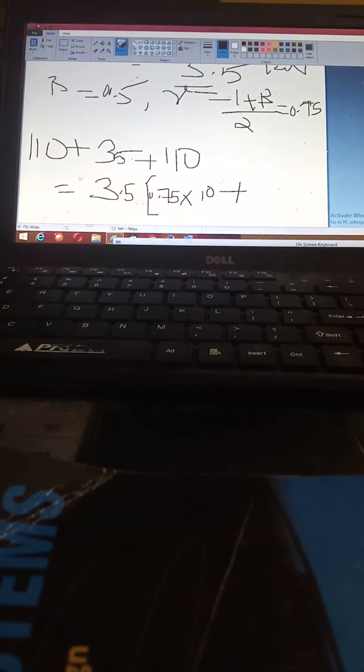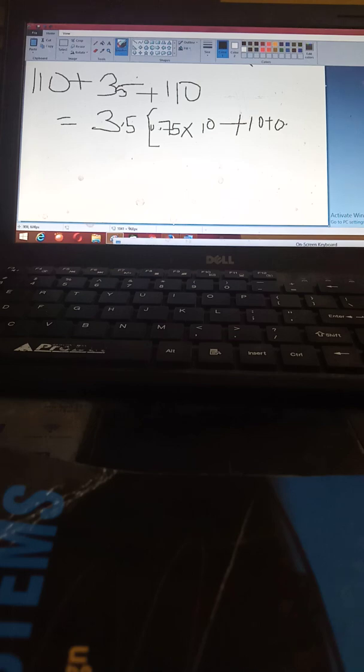Gamma is 0.75. Starting time means acceleration time means 10, plus TR running time means running at full load for 10 seconds.